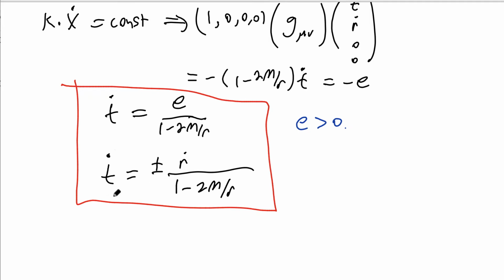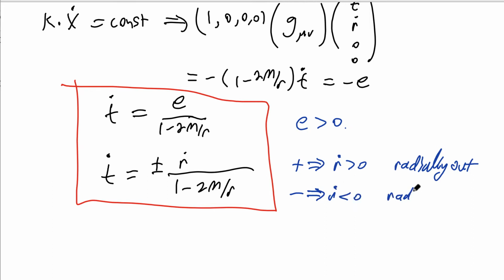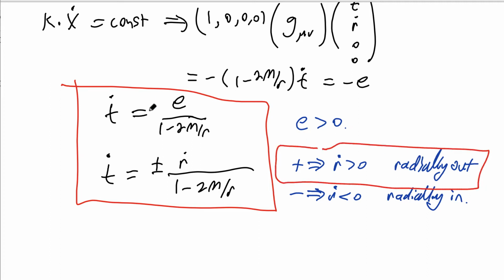Now in this equation, since t dot is positive and the denominator is positive, the plus sign just corresponds to r dot being positive, which means the photon is moving radially outward. Whereas the minus sign corresponds to r dot negative, and that's the photon moving radially inward. So just to be concrete, let's assume that we're dealing with the case in which the photon is moving radially outward. So we'll take the plus sign in this equation.